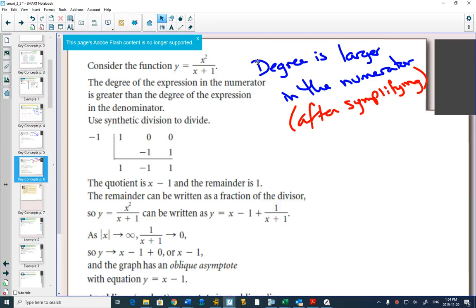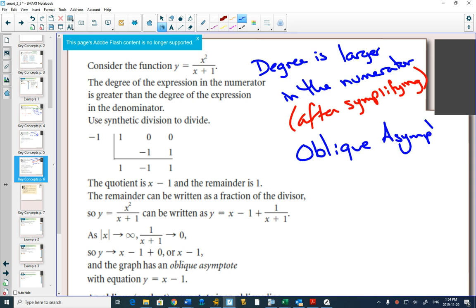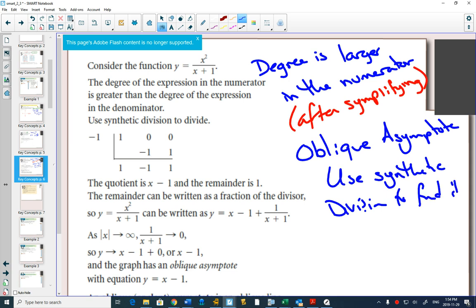What happens? You will always get an oblique asymptote, and you have to use synthetic division to find it. So what do you do?